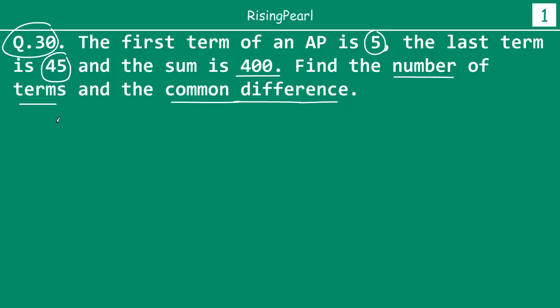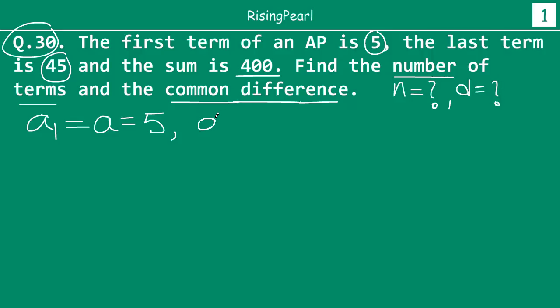So what we have been given is the first term a1, also equal to a, that is 5. Now let's say there are n number of terms because we have to find out the number of terms. So we have to find out the value of n and the common difference as well. The common difference is also not given.